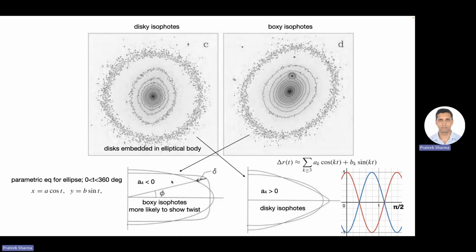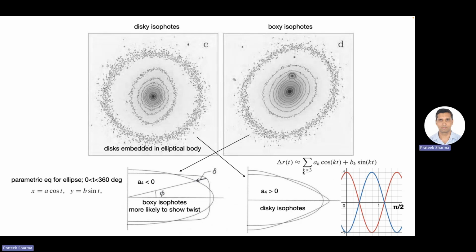So how do we quantify it? What you can do is look at this deviation value as a function of phi. In this case, the deviation is negative at phi equal to 0, positive at phi equals 45 degrees, and again negative at phi equals pi by 2. This is that deviation delta, and you can write it as Fourier sums in some sense.